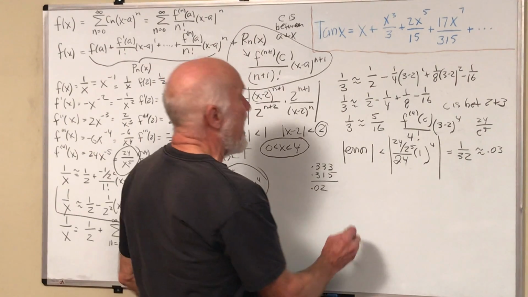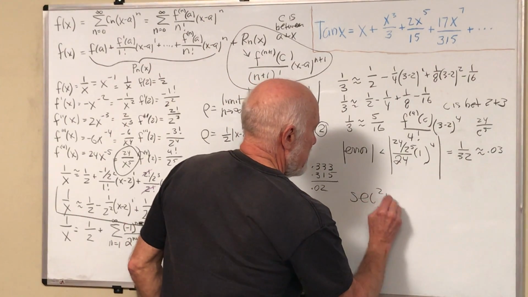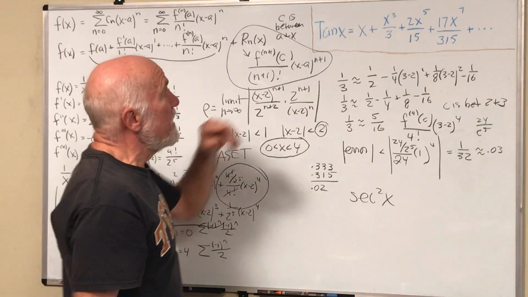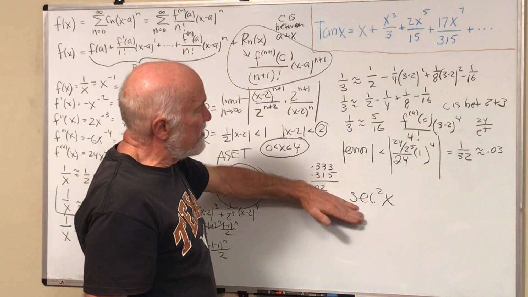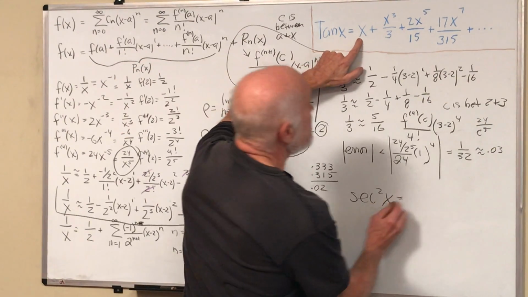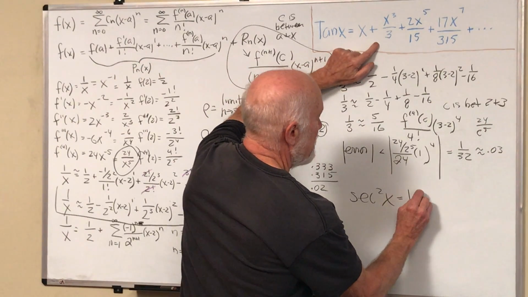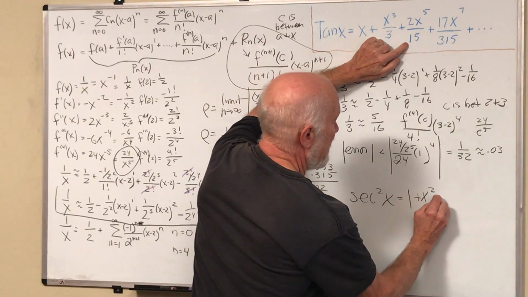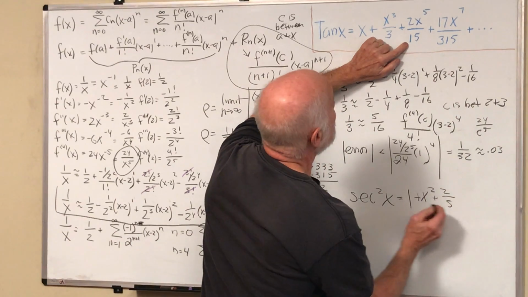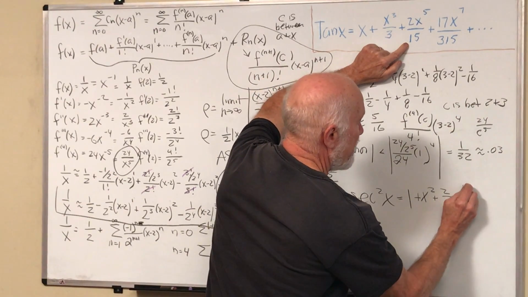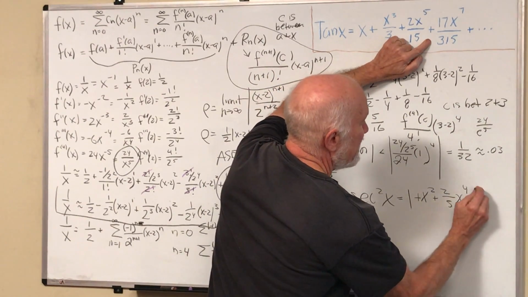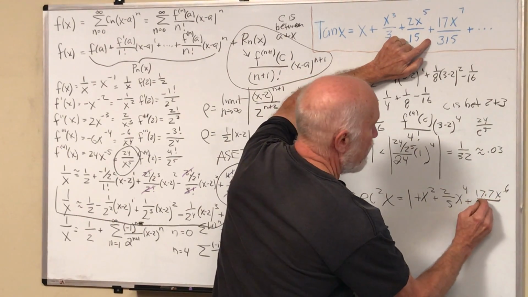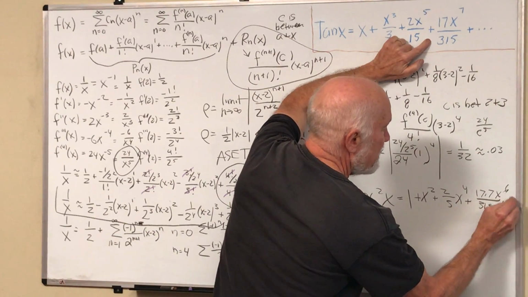But say you really wanted to know a series for secant squared of x. Well, since you know that the derivative of the tangent is the secant squared, all I have to do is take the derivative. 1 plus x squared plus 2/3 x to the 4th, and then plus 17 x to the 6th over 315.